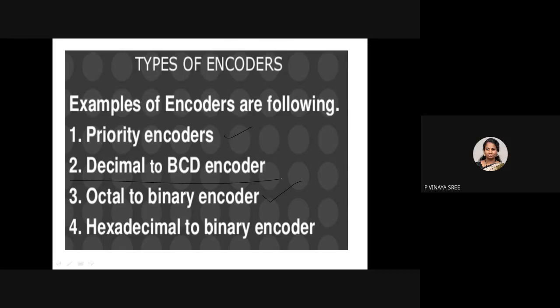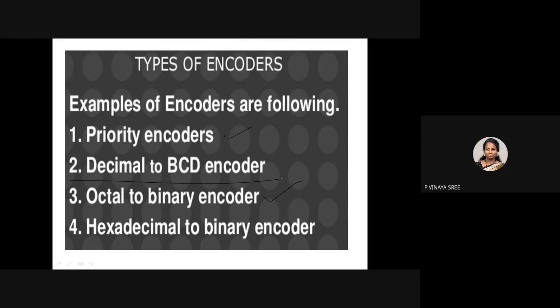Listen, all of you, before showing you the concept. First, tell me, what is the base for decimal? 10. Consider an encoder, by default it will be 2 power n, but in some special applications you can even go for 10 inputs. There is no issue.